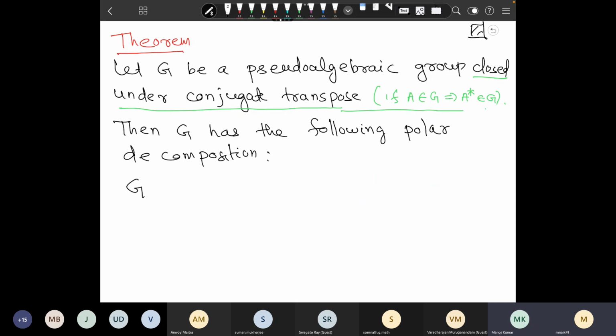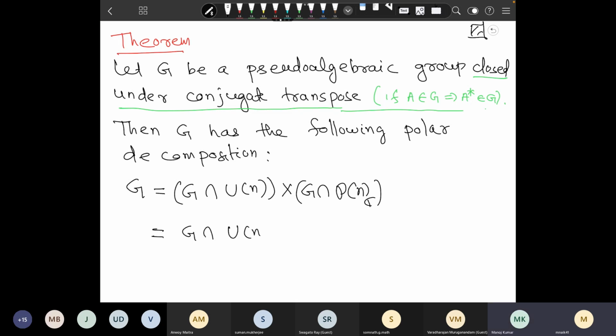G you can write as G intersection Un, direct product with G intersection Pn(C), and you know the exponential map also.